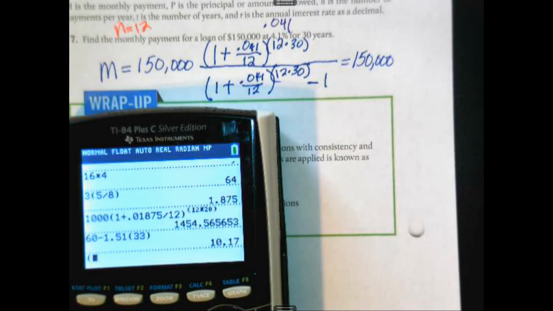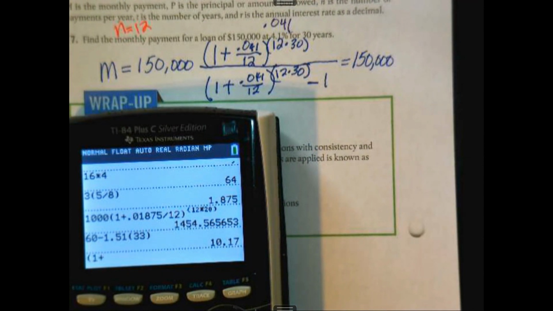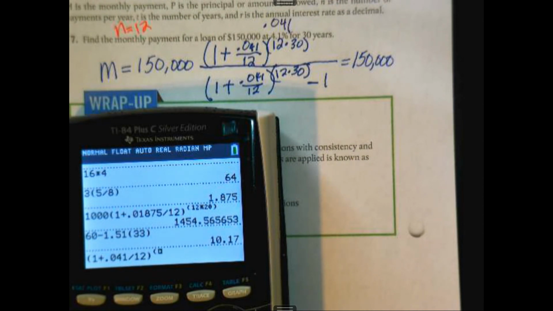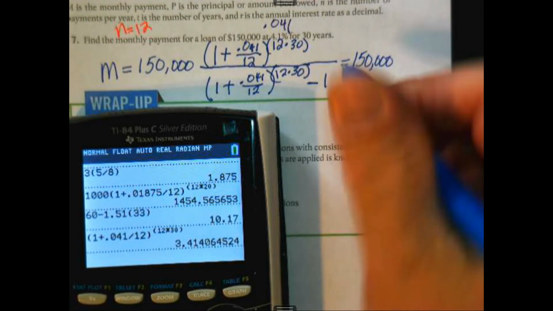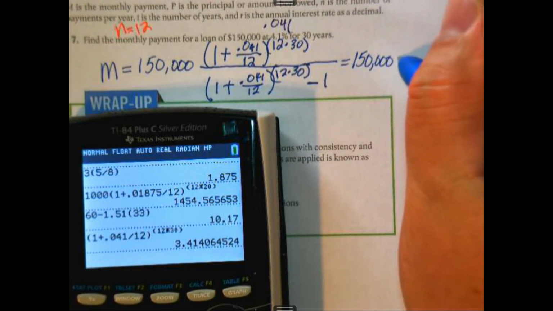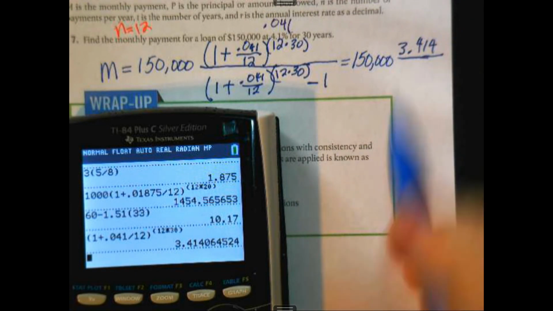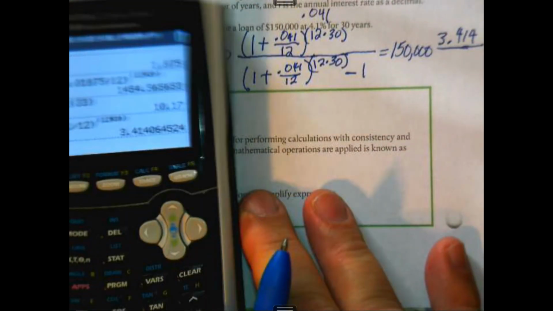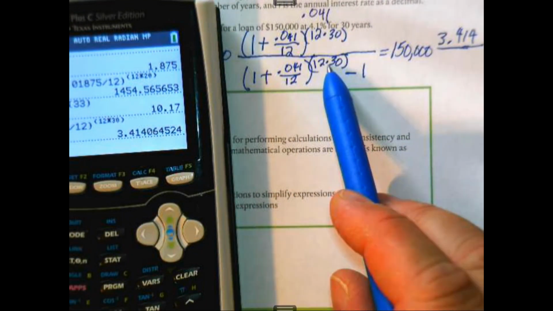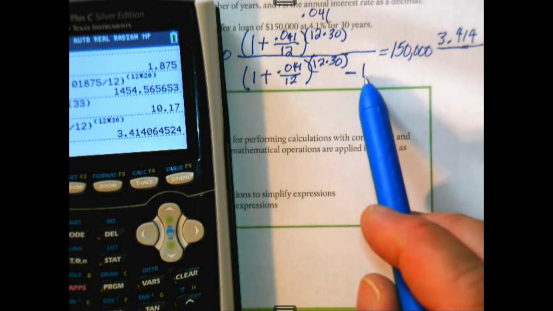Numerator. 1 plus 0.041 divided by 12 raised to the 12 times 30. And I get 3.414, all divided by, well, it's the same thing all the way up to here. We're just going to minus 1.